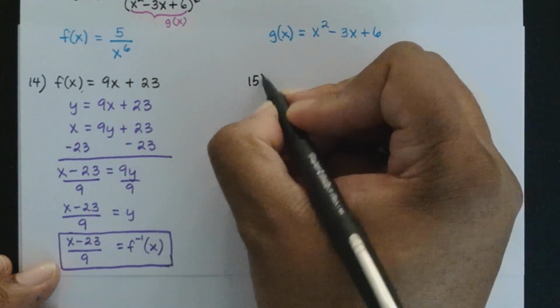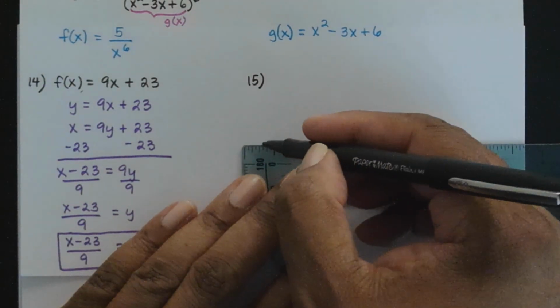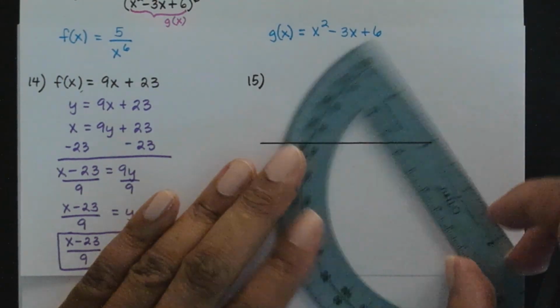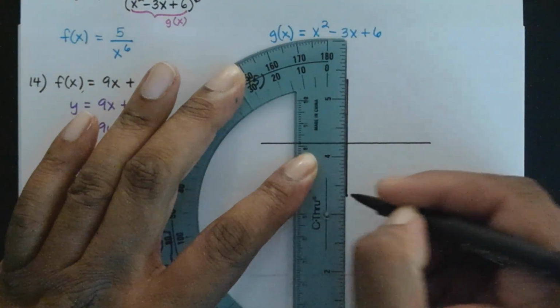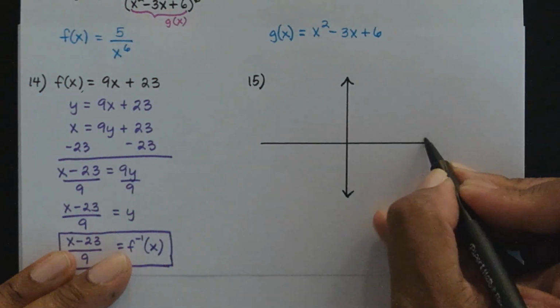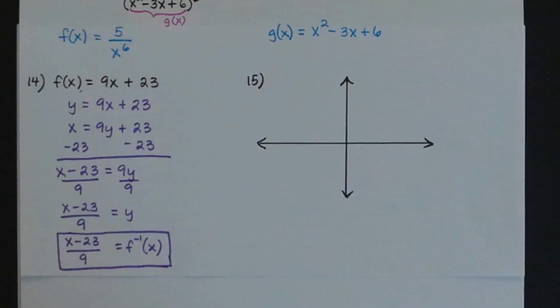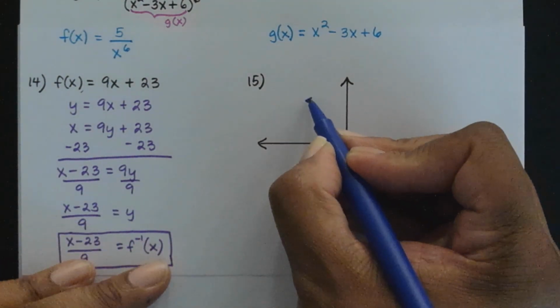All right, and finally, number 15, you're given a graph. We're going to take that graph to determine if it has an inverse using the horizontal line test.